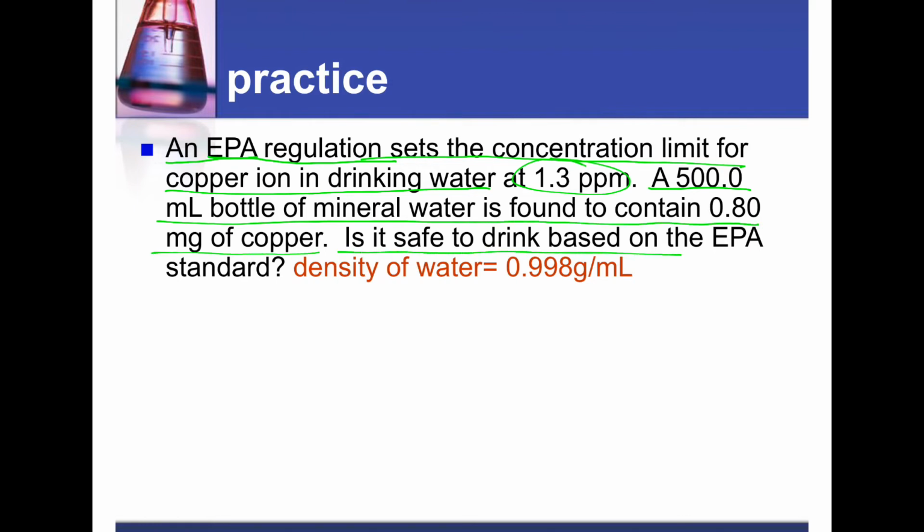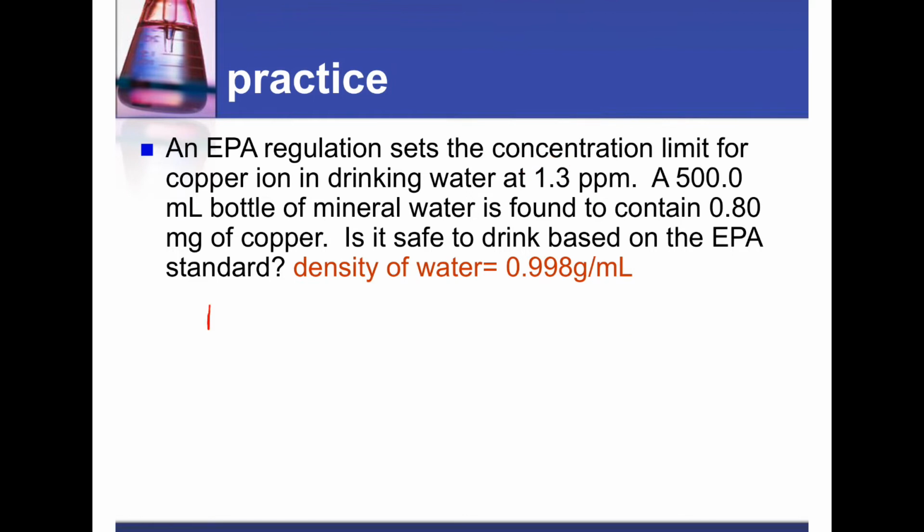Is it safe to drink based on the EPA standard? So what we're going to do is calculate the parts per million in the bottle, and then compare that to what the EPA says is safe. If it's above 1.3, it's not safe to drink that water. If it's below 1.3, then it's going to be okay.